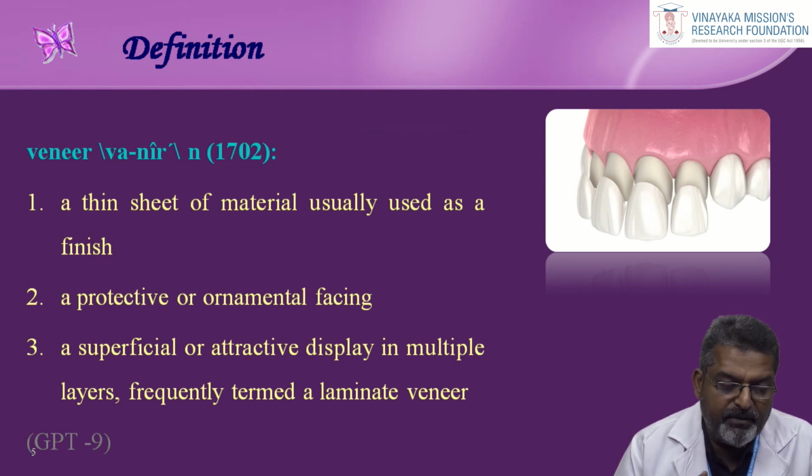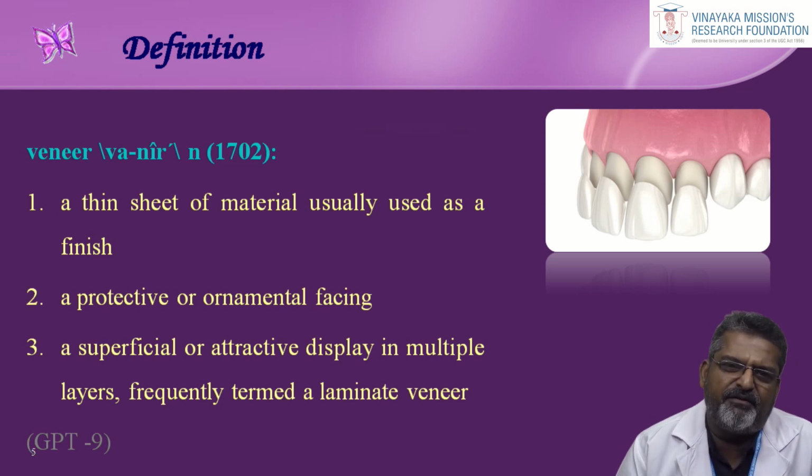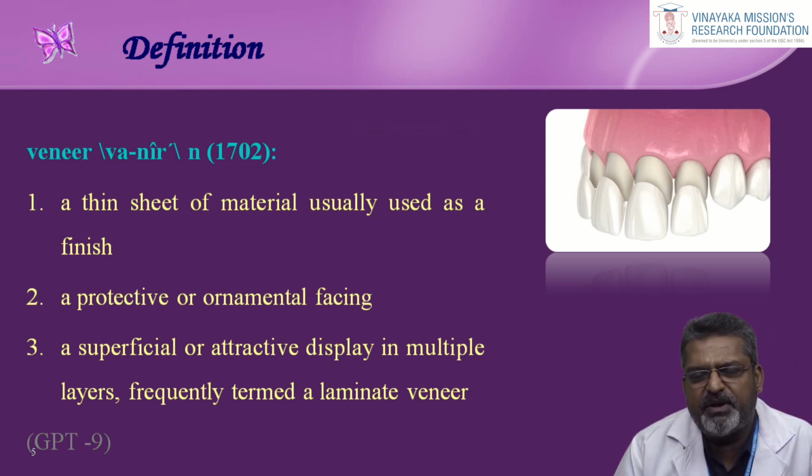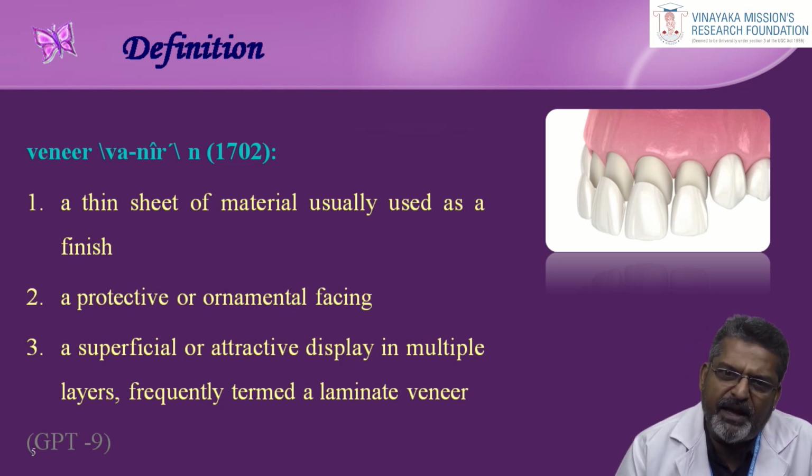And thirdly, it can also be defined as a superficial or attractive display in multiple layers, frequently termed laminate veneers. Veneers and laminate veneers are very commonly used interchangeably, so we should understand that both terminologies go hand in hand with each other. This is according to GPT-9.